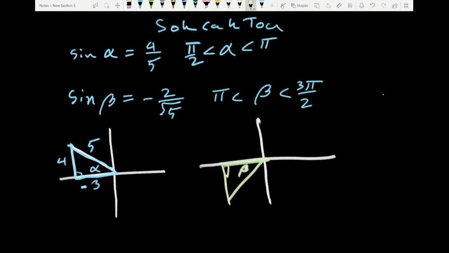Beta is opposite. Note I put negative 2 because the y-axis is opposite over here, over root 5.